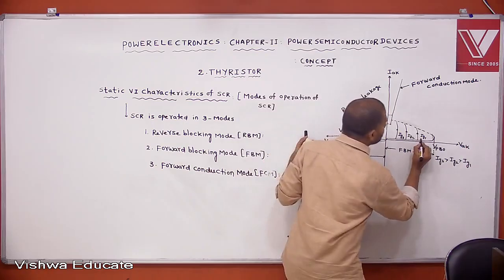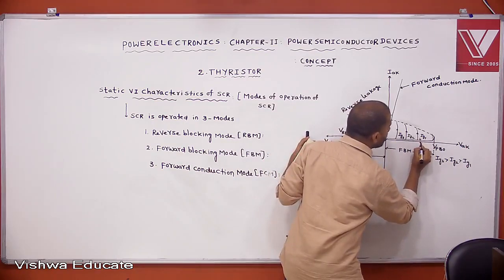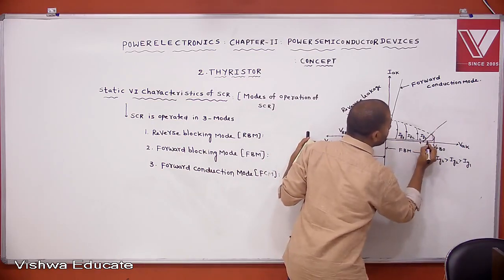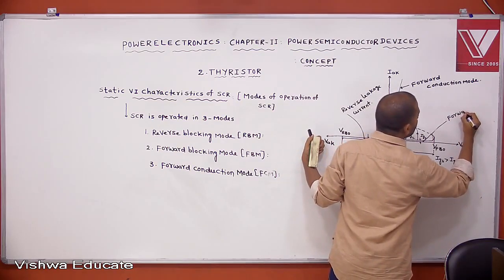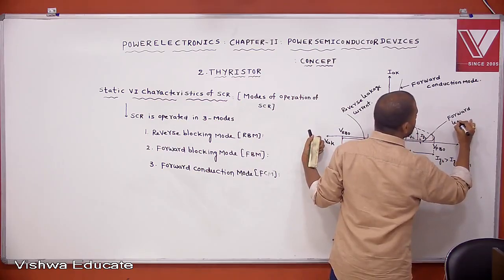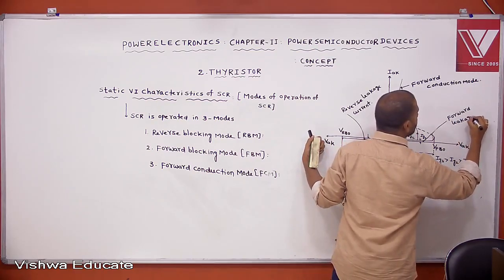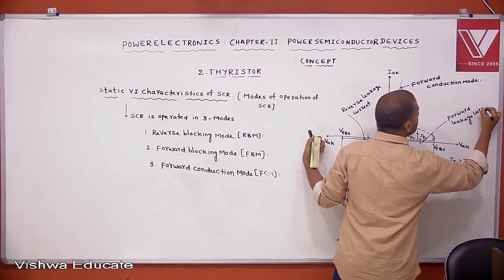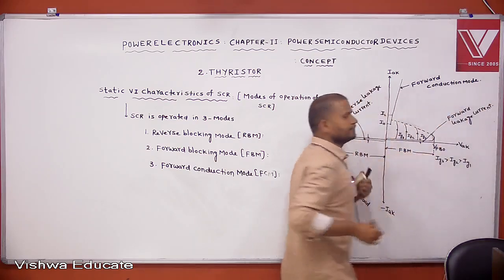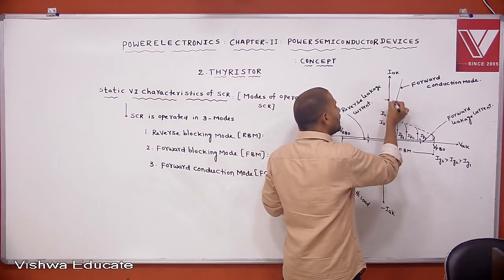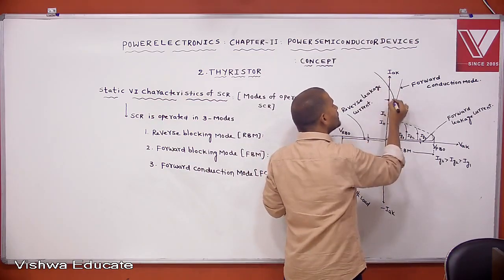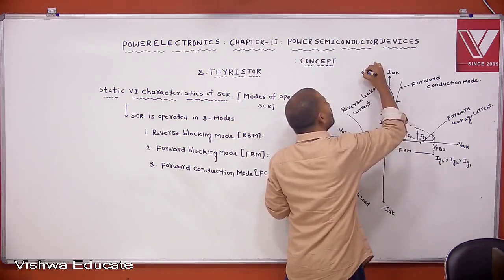And this small current is the forward leakage current. Then this voltage drop is the forward voltage drop.